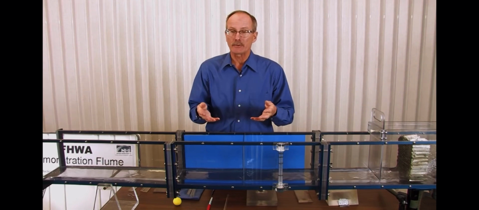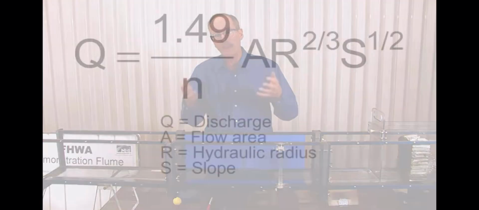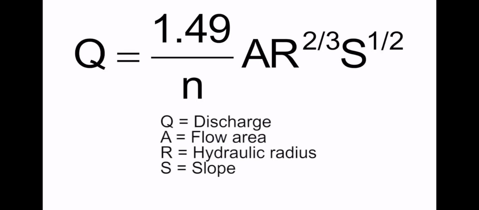What's the equation I'm going to use? Oh yeah, I can use Manning's equation, which says the discharge, Q, is equal to 1.49 divided by the Manning n, times the flow area, times the hydraulic radius to the 2/3, times the slope to the 1/2. So it's a very common, very often used equation for open channel flow.